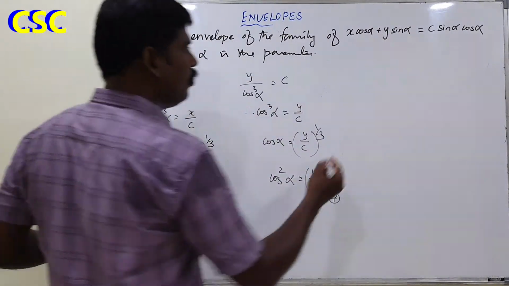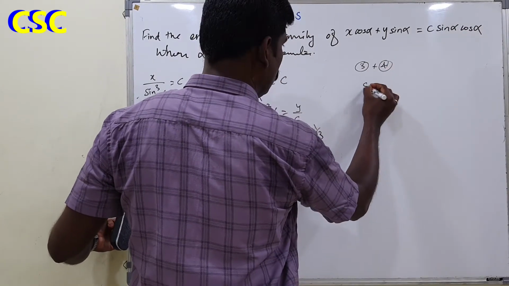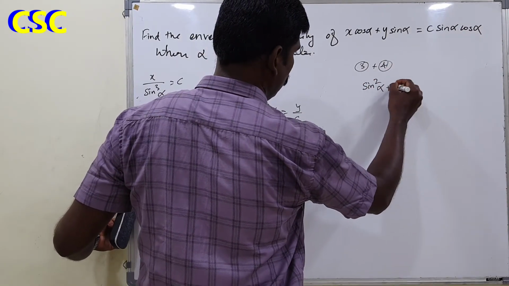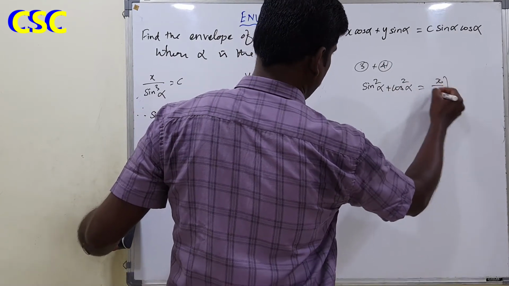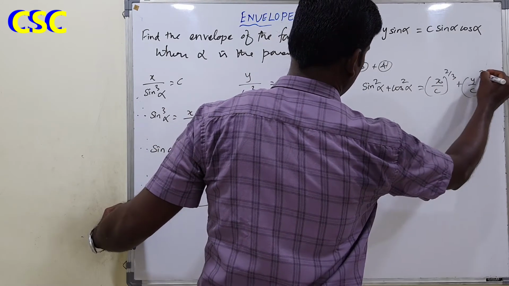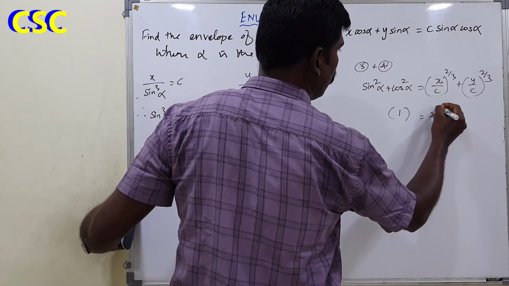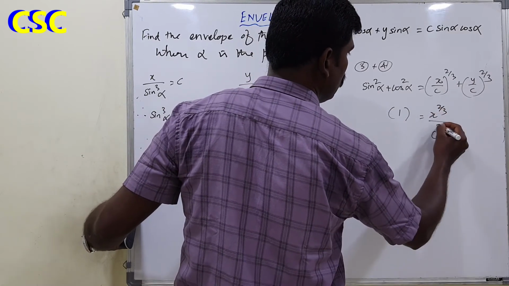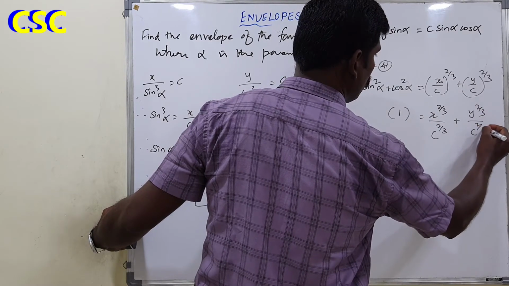Adding 3 and 4, what do you get? Sin square alpha plus cos square alpha equal to x by c power 2 by 3 plus y by c power 2 by 3. This becomes 1 equal to x power 2 by 3 by c power 2 by 3 plus y power 2 by 3 by c power 2 by 3.